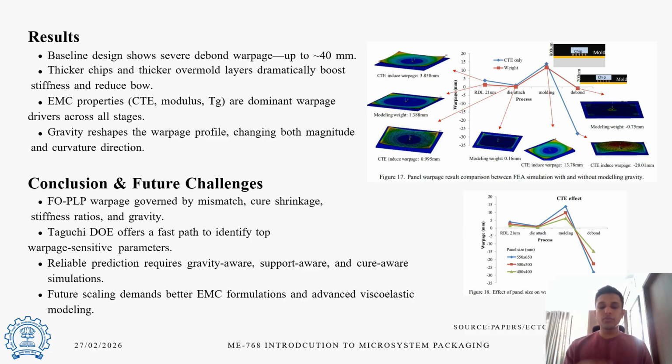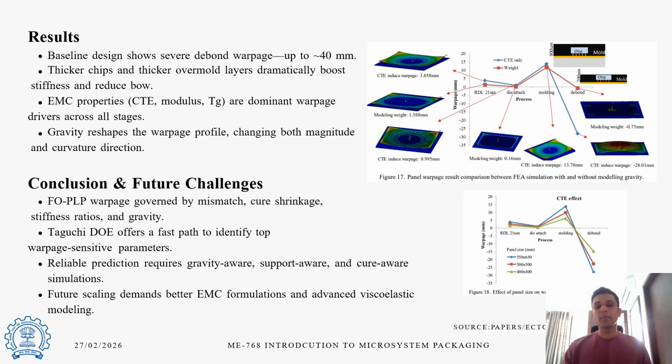And again, for the future, we need some reliable prediction, which definitely needs to incorporate gravity awareness and support awareness. The curing time or the cure shrinkage also has to be incorporated into finding this warpage, which is not considered in this particular paper.